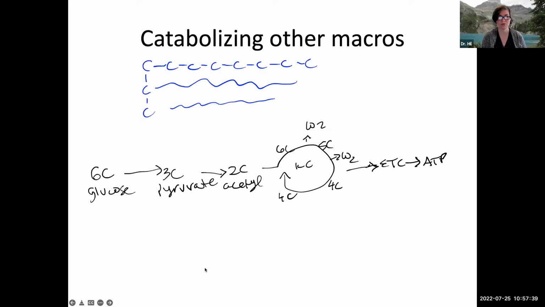Now, we don't only have the ability to get energy from carbs, so that's a primary fuel. What are some of the other things that we can consume? What other organic chemicals in our diet get oxidized for energy? Carbs is one molecule in our diet that we use for energy.